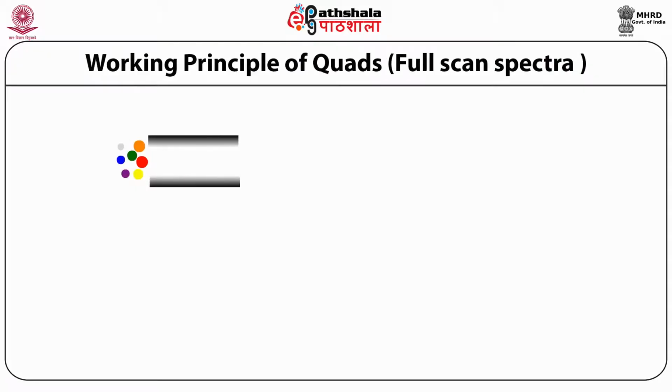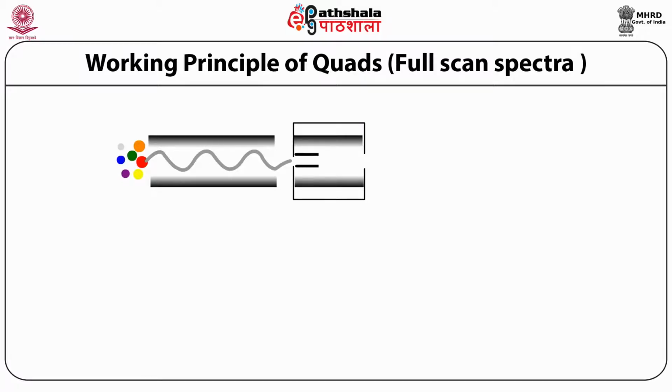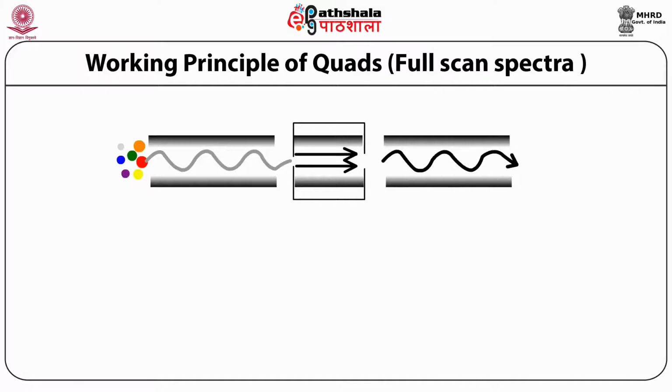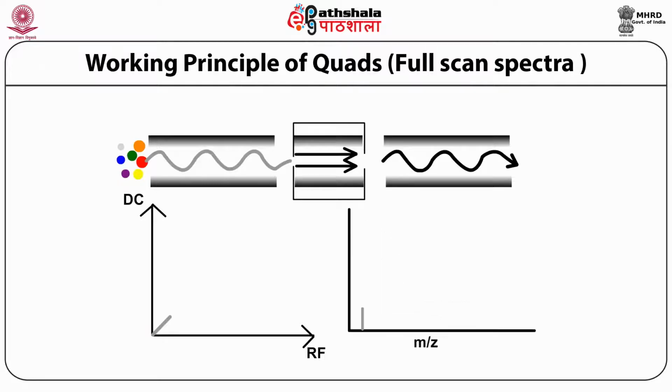Here, I'm trying to explain to you, by this pictorial representation, the working principle of quadrupoles in a mass spectrometer. As I already explained, in the source, in the gas phase, the ions are getting formed, and they enter the first quadrupole where they are getting separated, and after the separation they come to quadrupole 2 where it behaves like a fragmenter, where neutral gas molecules like nitrogen or argon are accelerated to collide with the pseudo-molecular ion.